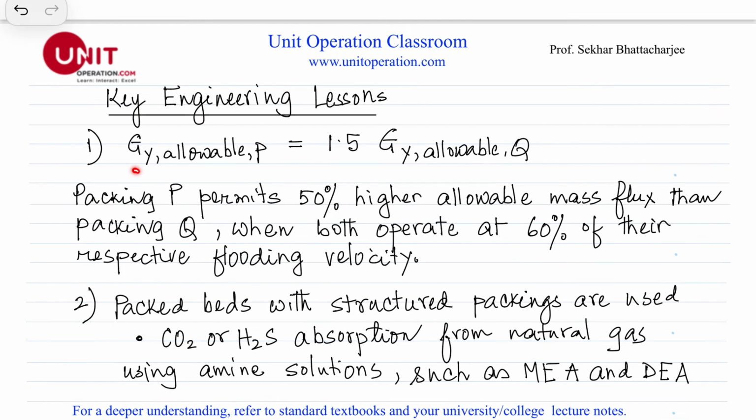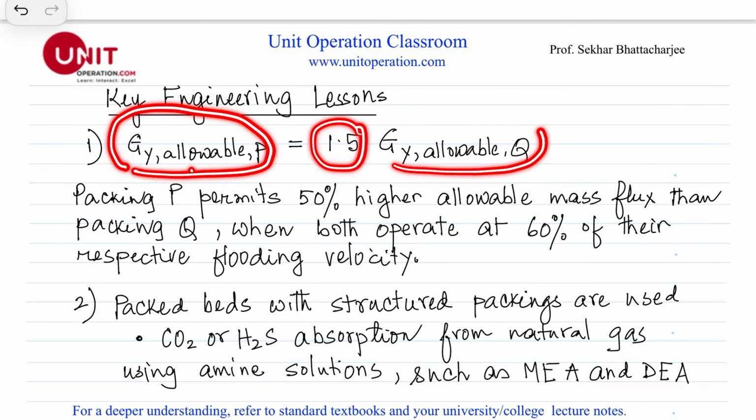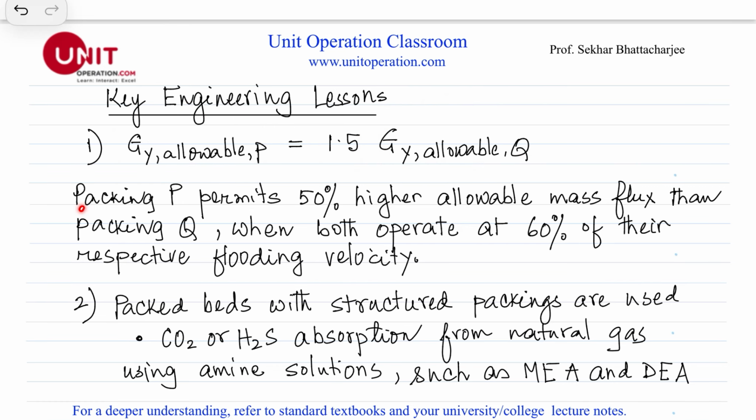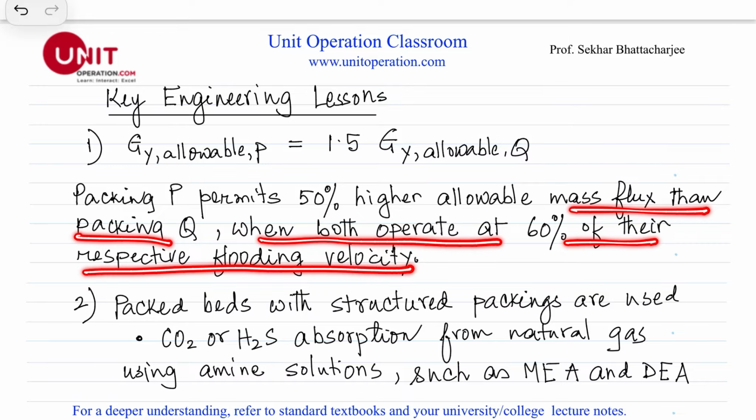Number one, the allowable mass velocity for packing P is 1.5 times the allowable mass velocity for packing Q. What does that mean? That means packing P permits 50% higher allowable mass flux than packing Q. This mass velocity is a lot of times called mass flux. So when both operate at 60% of their respective flooding velocity.